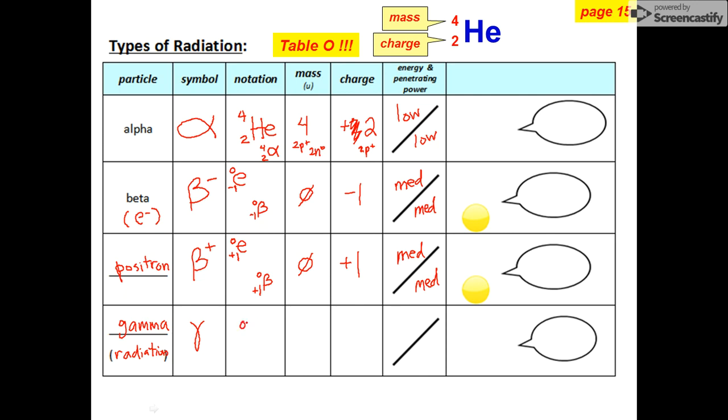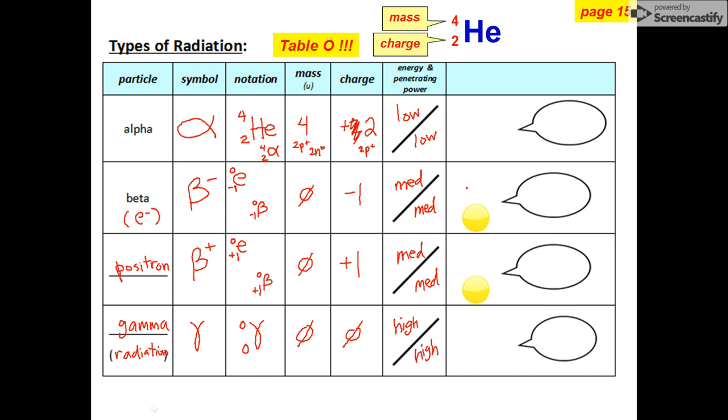Gamma radiation, it has no mass because it's a form of radiation, and it has no charge, so 0 and 0. Mass of 0, charge of 0. Gamma radiation is pretty bad stuff. It's got high energy, and it can penetrate through lots of materials. This is a very powerful kind of radiation, okay?